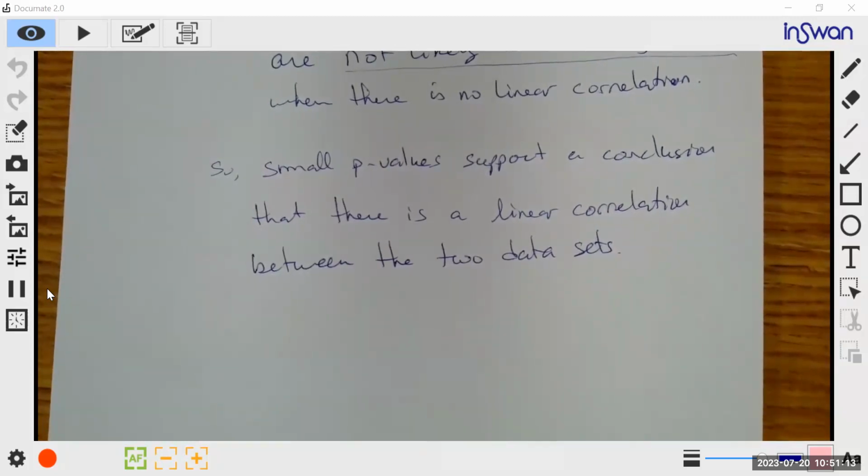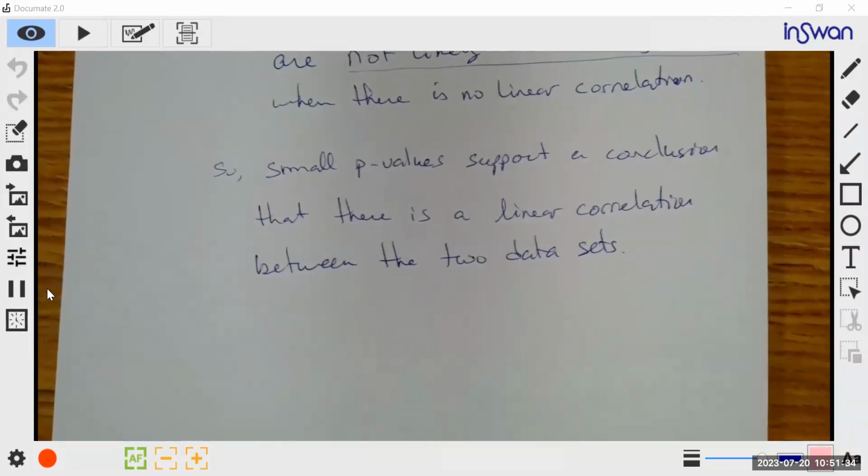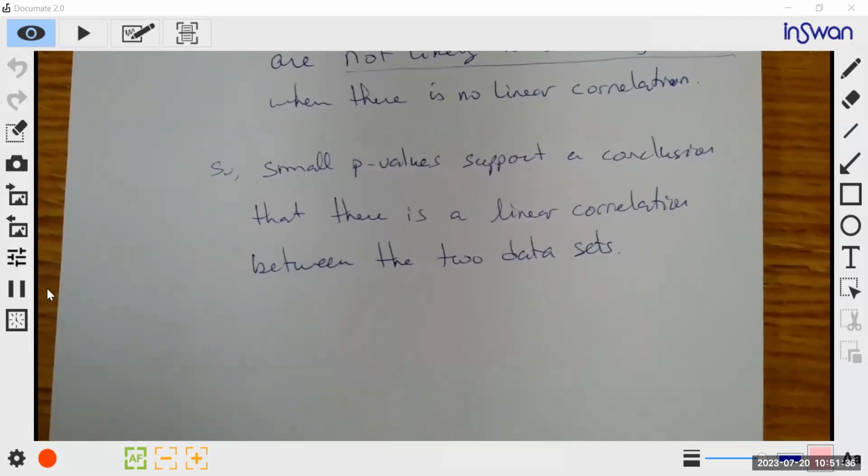Let's see if I have an example sheet. Here's an example of what Terry finishes.